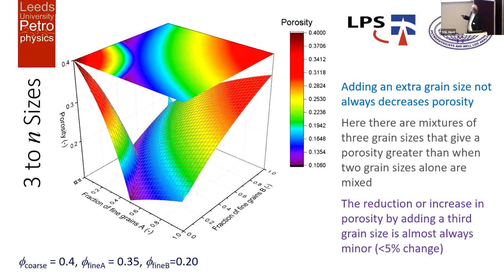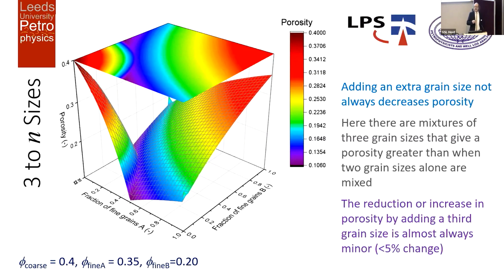And you find that on the planes, you get the same behavior as we had before, and any crossing point that is diagonal across here looks rather similar as well. But interestingly, the porosity isn't reducing very much.